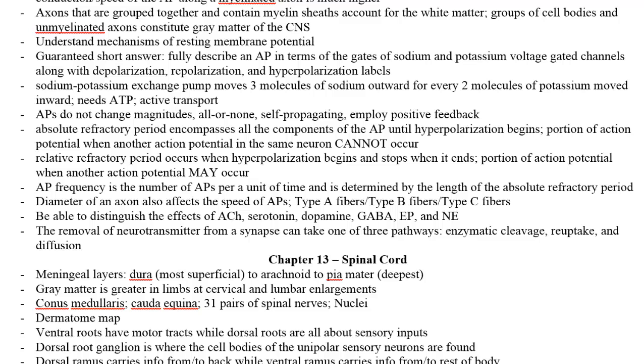GABA is your major inhibitory neurotransmitter in the brain, and all drugs that combat anxiety have their effects on GABA receptors, and also any new anti-seizure, anti-epileptic drugs are designed to work with GABA receptors.